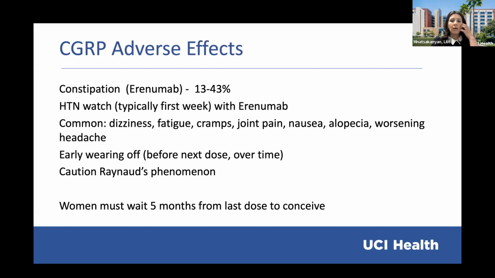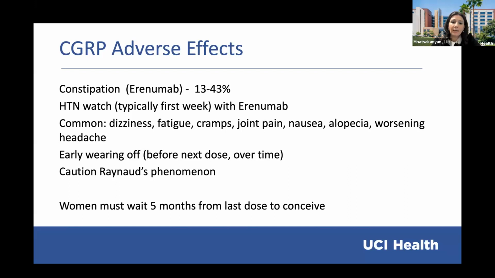In getting ourselves familiar with some of the side effects, this includes constipation with the first medication, erenumab, Aimovig, that came out with up to 43% rate of constipation. Constipation could be severe at times. And then a newer label came up for hypertension watch, which is typically the first week of the medication use.